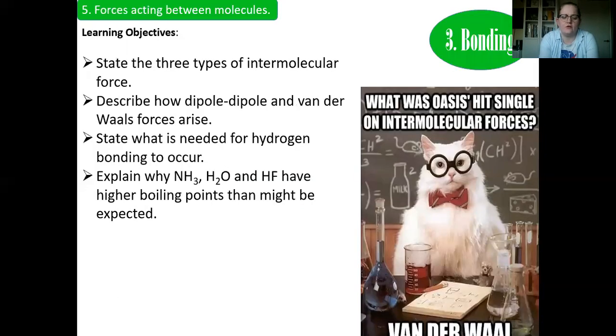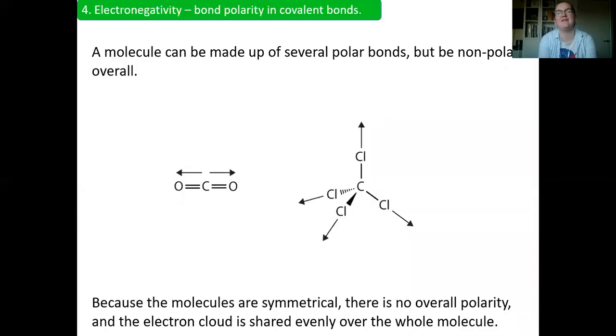What we're going to have a little look at now, if we have time, is water. We talk about water being a polar molecule. That is because it's made up of hydrogen and oxygen. Unlike carbon dioxide, where carbon is sharing with 2 oxygens, in H2O we've got the 2 hydrogens with 1 oxygen.